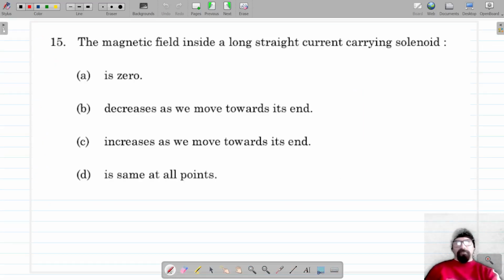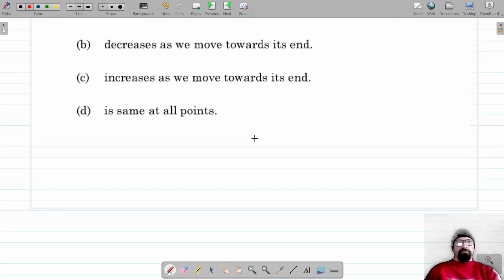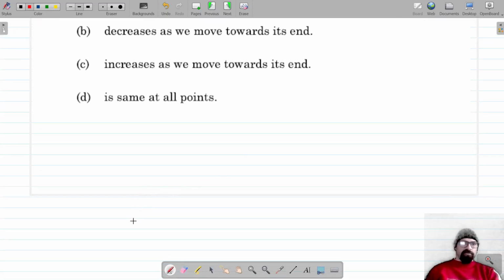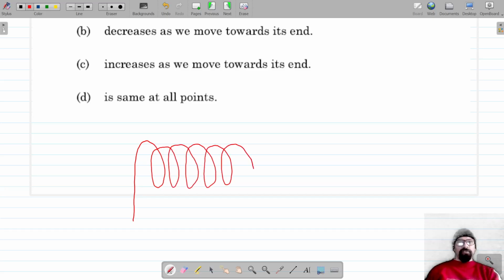For the next question, question number 15, we have to choose the option for the magnetic field inside a long straight current carrying solenoid. What is a long straight current carrying solenoid? It is an insulated copper wire wrapped closely in the form of a cylinder.